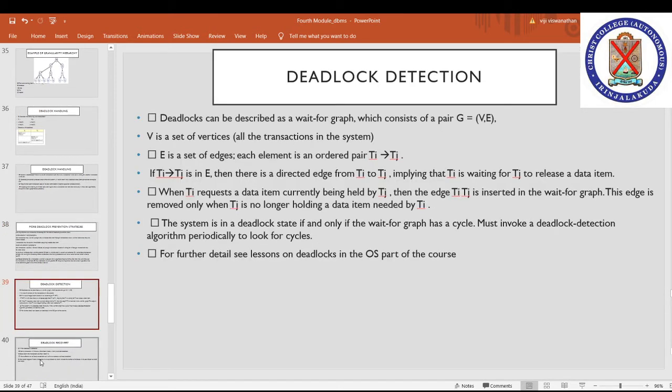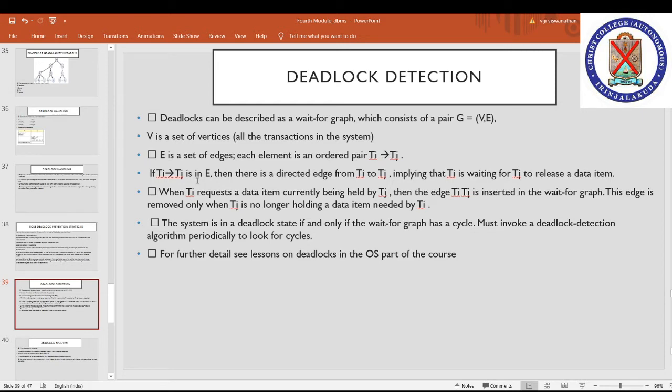Next, deadlock detection. Deadlocks can be described as a wait-for graph, a graph with vertices and edges. V is a set of vertices, all transactions in the system, and E is a set of edges. Each element is an ordered pair Ti implies Tj.